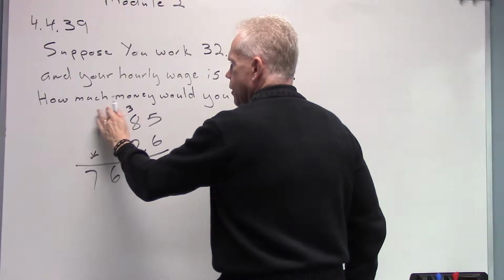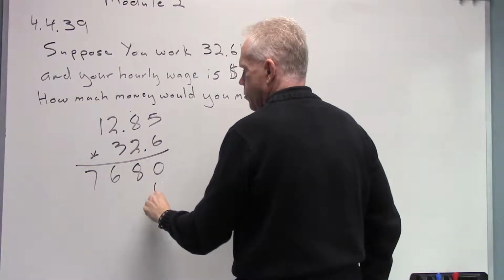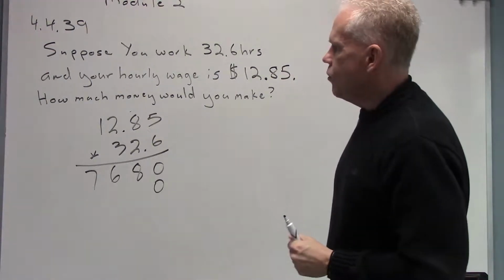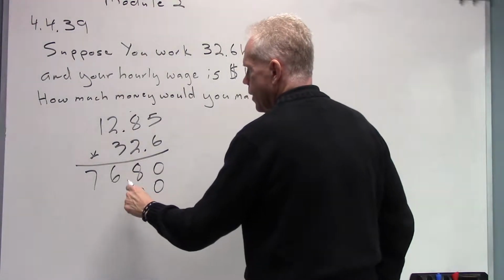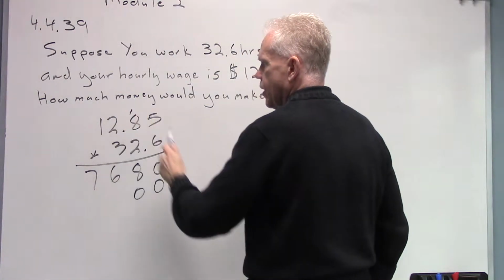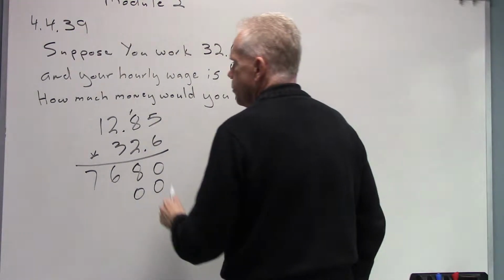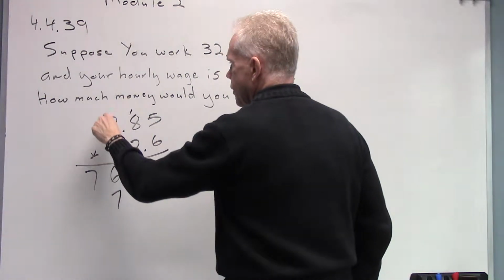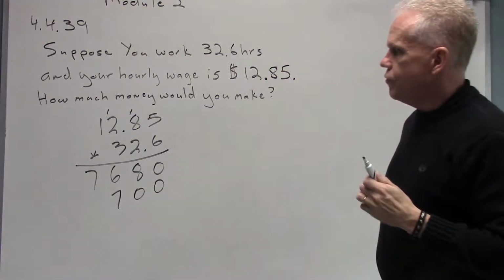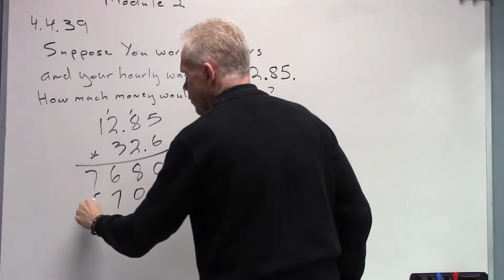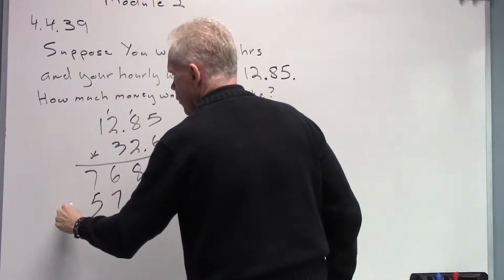All right. Now, I'm going to put a placeholder 0 here and go back to my 2. 2 times 5 is 10. Put down 0. Carry a 1. 2 times 8 is 16. Plus 1 is 17, put down the 7, carry 1. 2 times 2 now is 4, plus 1 is 5, and then 2 times 1 is 2.